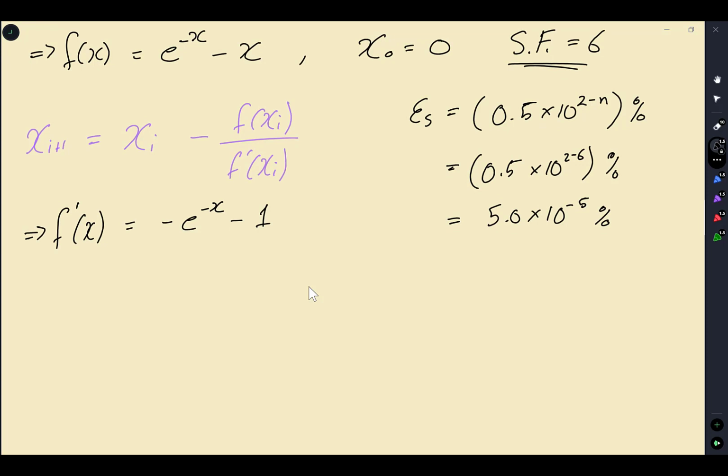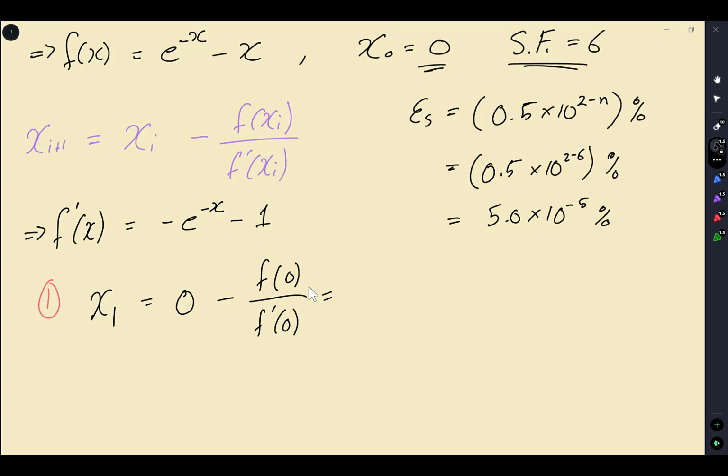All right, so let's do the first iteration of this method, and we can apply the equation that we see here. So x1 is going to equal the initial guess, x0, which in this case is 0, minus f of x i, which in this case is f at 0, divided by f prime at 0 also.